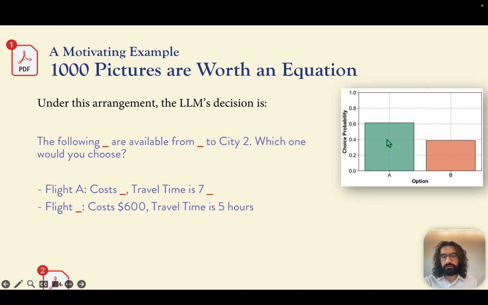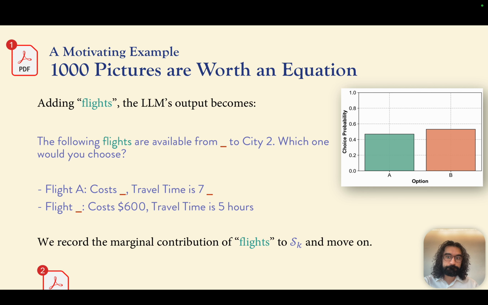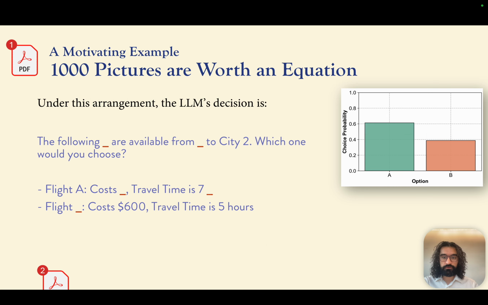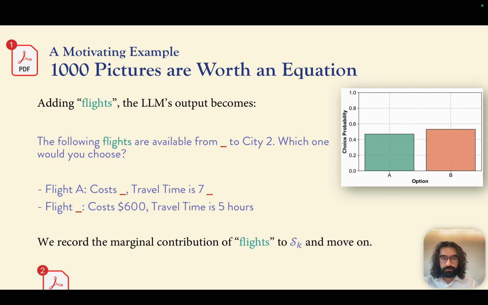So A and B, almost 60-40%. But now we're going to inject the word flights that we were interested in into this prompt, and ask the language model again. Now we see that the choice probabilities change. So we record the marginal contribution of the word flights to the setup SK, and we move on.